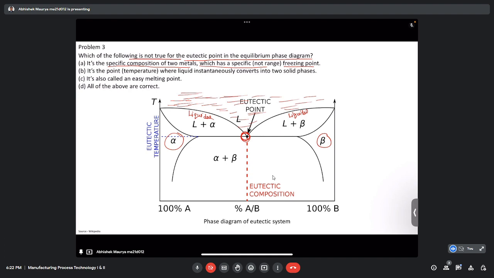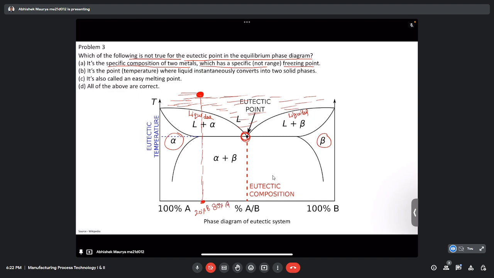So let's see this region. Suppose we have a material which we have heated with sufficient heat so that it comes into the liquid region, and the composition is somewhere here, let's say 20% B and 80% A, for example.